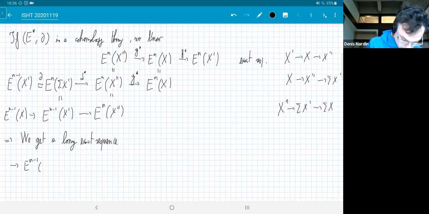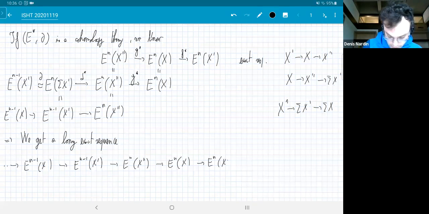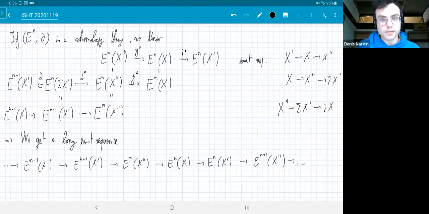En minus 1 x prime goes to En minus 1 x, sorry, En minus 1 x prime, En of x double prime, En of x, En of x prime, En plus 1 of x double prime, etc. So even if our hypothesis gives us only a sequence exact in the middle, we can use the suspension isomorphism to patch them together and get an actual long exact sequence.